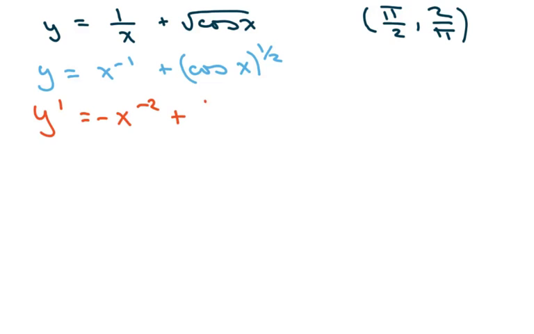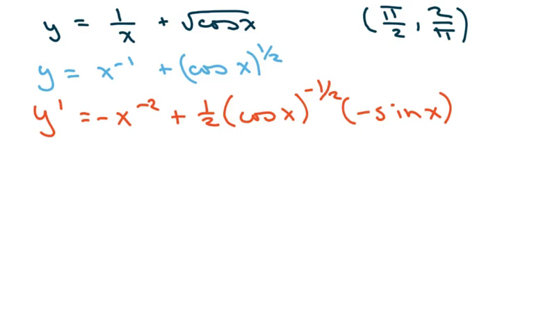Now we're going to do our chain rule. This will end up being 1/2, negative 1/2. And the derivative of cosine is negative sine. Now, I'm going to clean all this up.